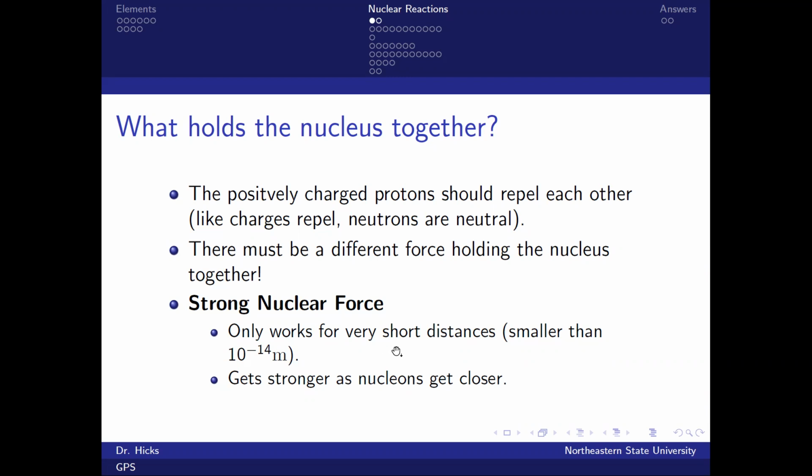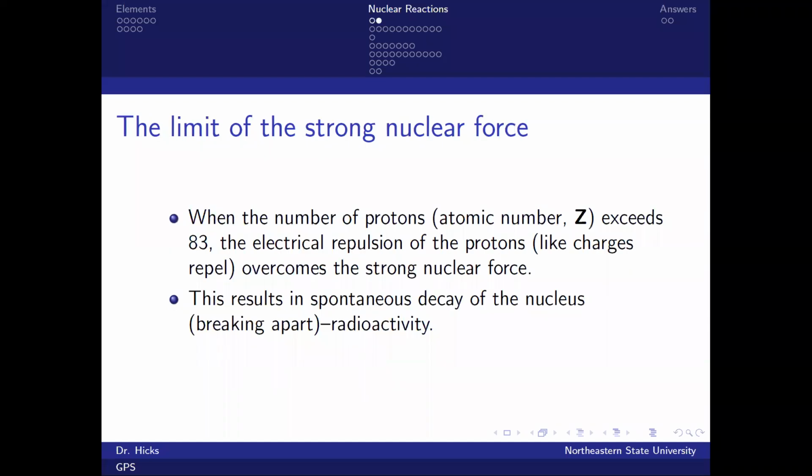So in really, really short scales, the strong nuclear force is stronger than the repulsive electrical force. However, when I get too many protons, and that magic number is 83, that's where the electrical repulsion of the protons finally beats the strong nuclear force, and the nucleus is not stable.